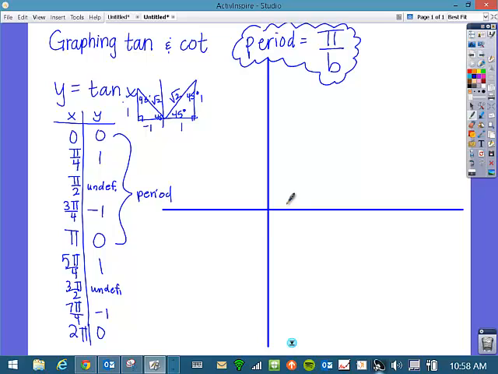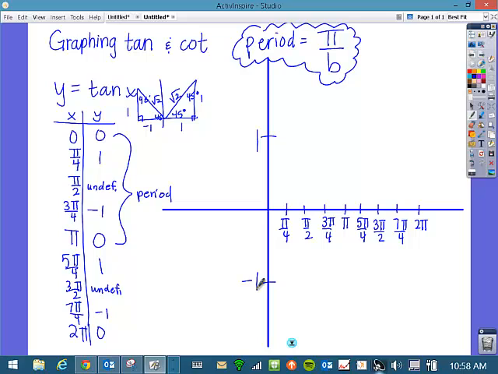We have 0, pi over 4, pi over 2, 3 pi over 4, pi, 5 pi over 4, 3 pi over 2, 7 pi over 4, and 2 pi. Max is 1, and min is negative 1.